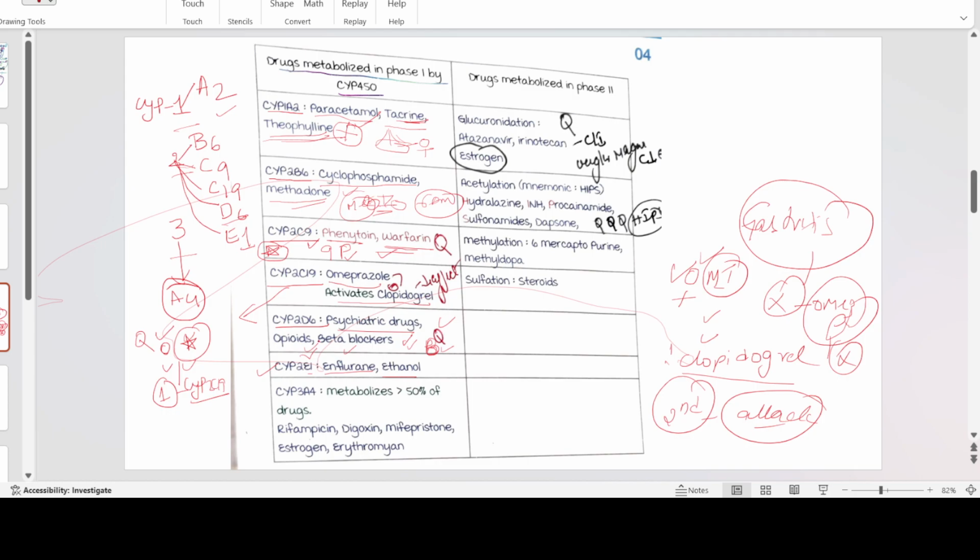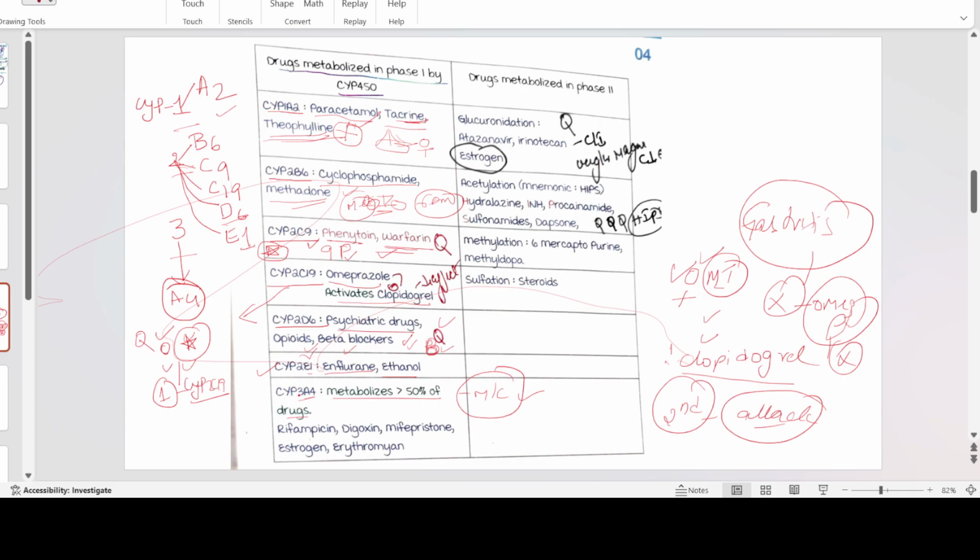The next point written here is CYP3. Now let's go into the final family, that is 3A4. After 3, 4 groups, it metabolizes more than 50% of drugs. They can ask an important question: the most common enzyme required for drug metabolism is what?